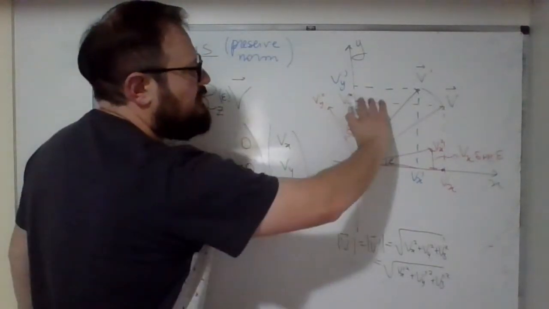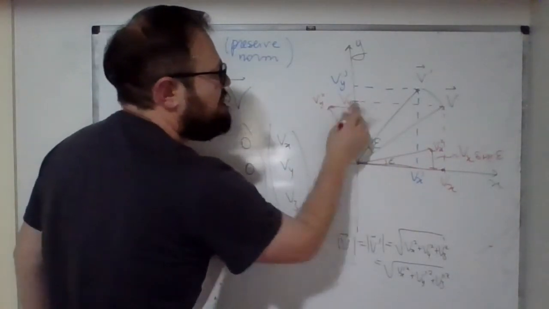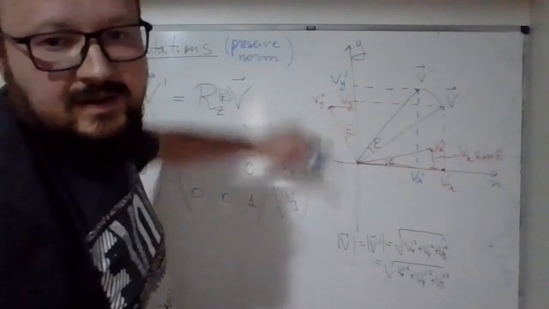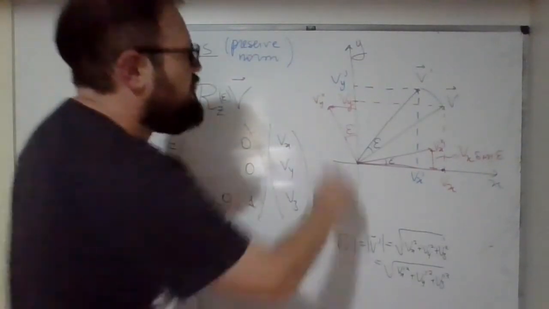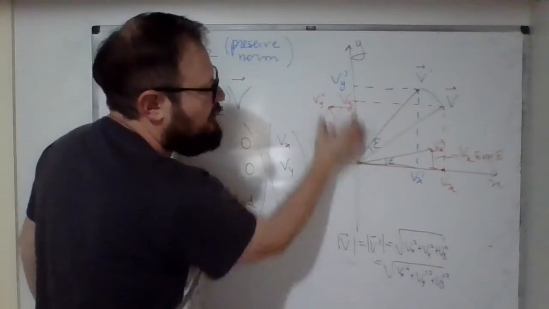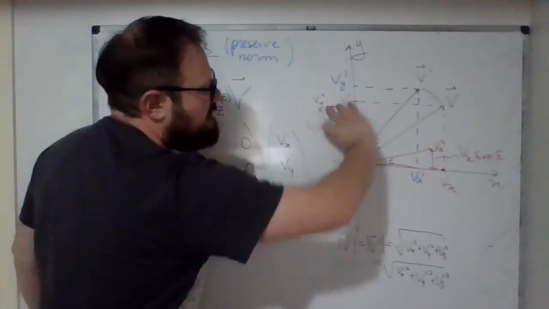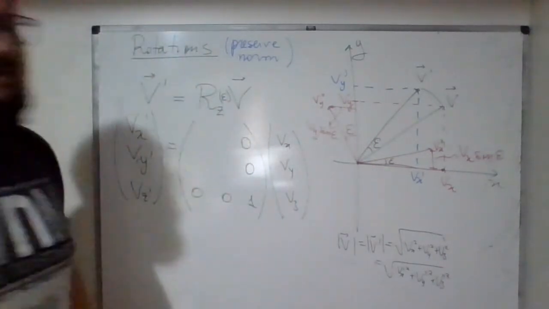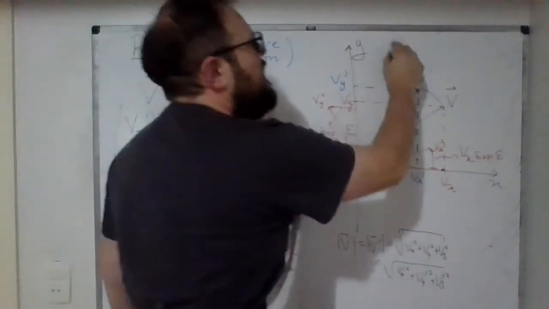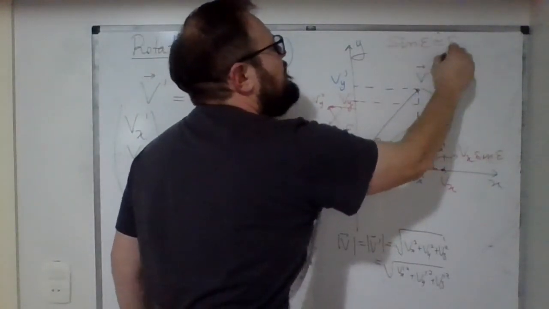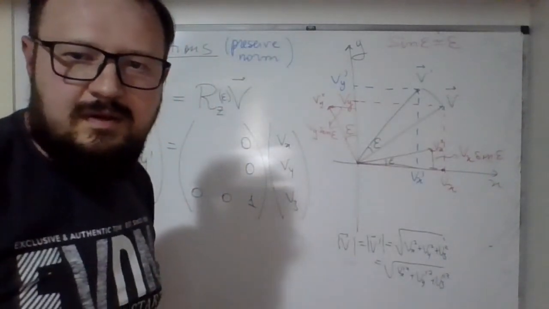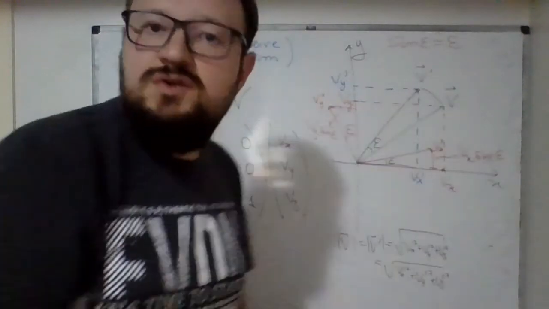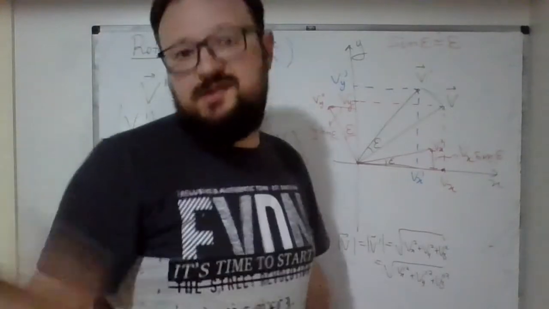And the rotation of the y component produces a negative result because it points in the negative direction of the x-axis, but it produces here an x component which has the size of Vy times the sine of epsilon. All right, but sine of epsilon is nearly epsilon for small angles. All right, this is a property for infinitesimals. The cosine tends to unity and the sine tends to epsilon.